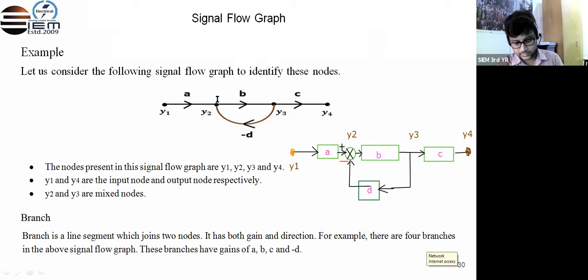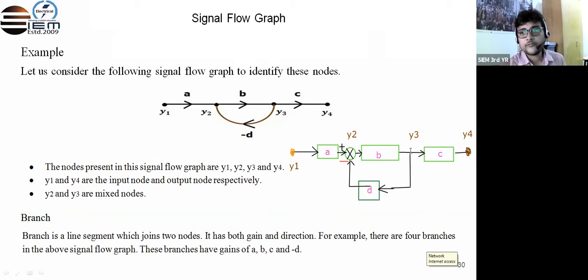So a similar kind of concept is there, and a is nothing but the branch value from y1 to y2. And similarly from y2 to y3, what is the direction? From left to right, so the transfer function b is there.